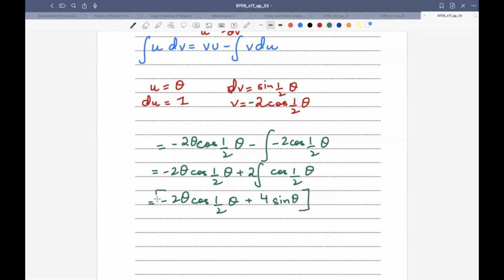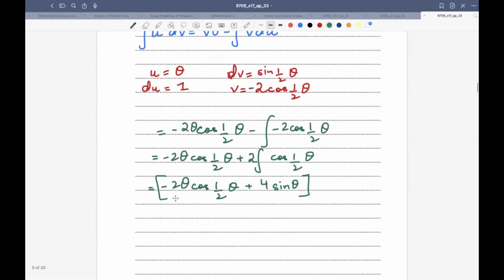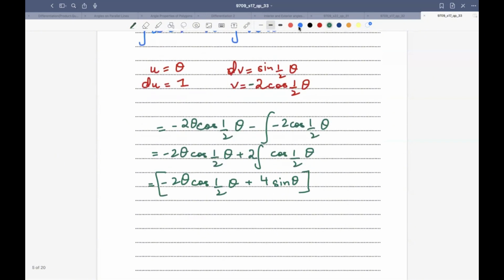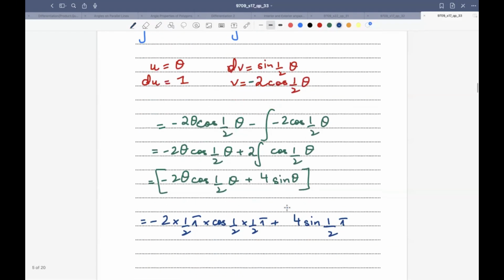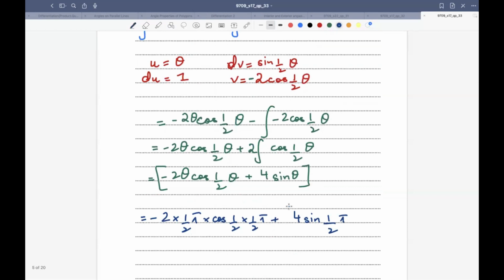Once we have done the integration, we can now apply the limits. The upper limit is half pi. So first, substituting in place of theta, we'll substitute 1 upon 2 pi. So we'll get minus 2 into 1 upon 2 pi into cos of half into half pi, plus 4 sine of half into half pi.